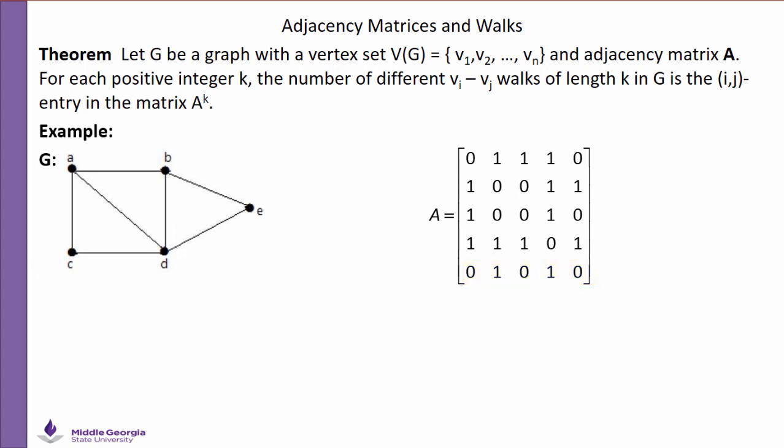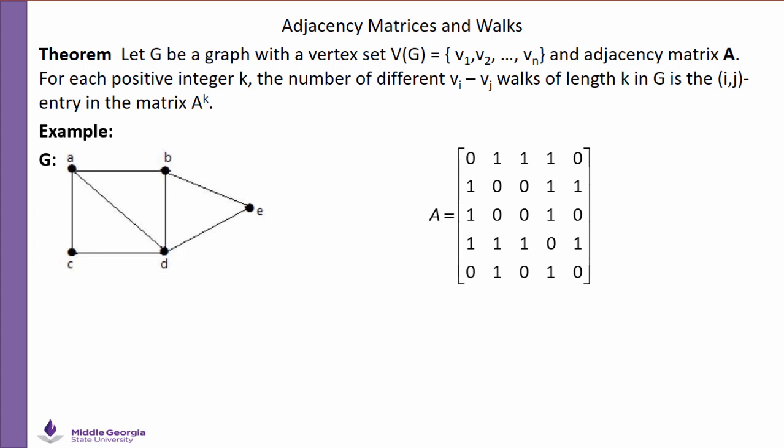So we have our adjacency matrix, and if, for example, we would like to find the number of AE walks of length 3, we would take the matrix A and raise it to the third power, and then look at that position in the resulting matrix.